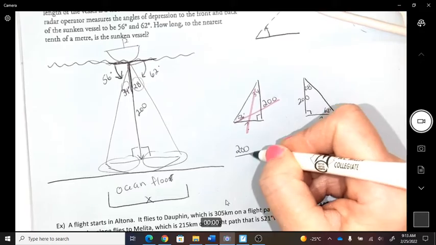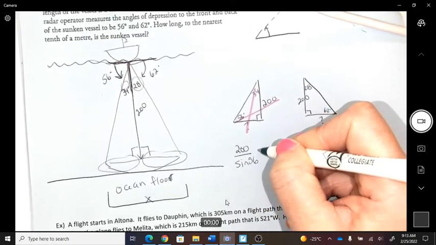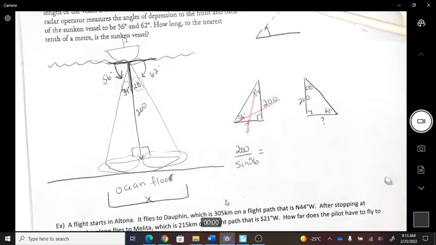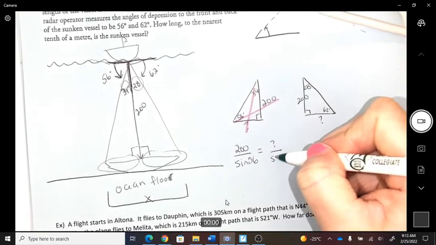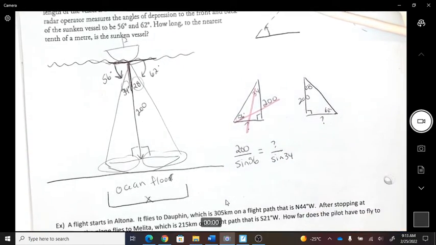So 200 over sine 56 equals something over sine 34.